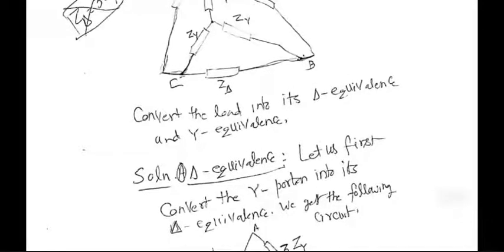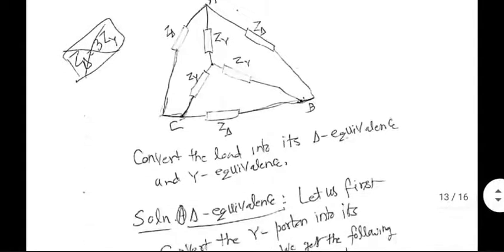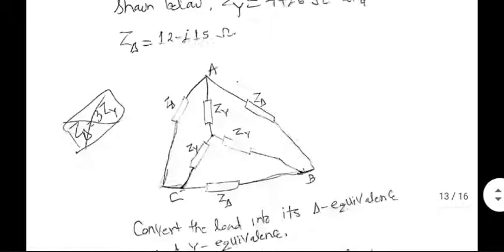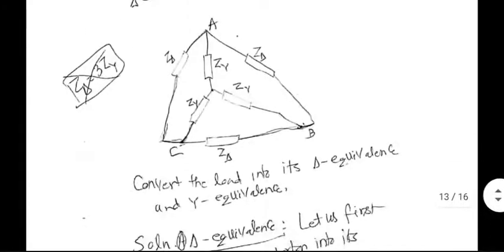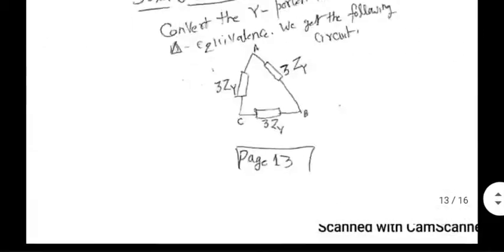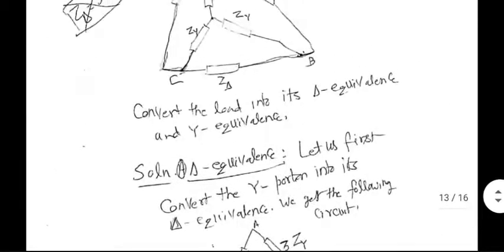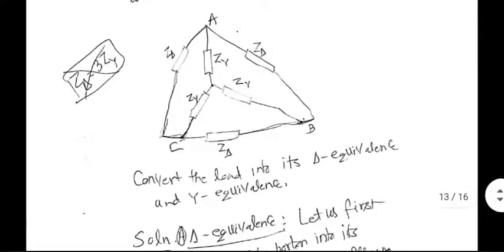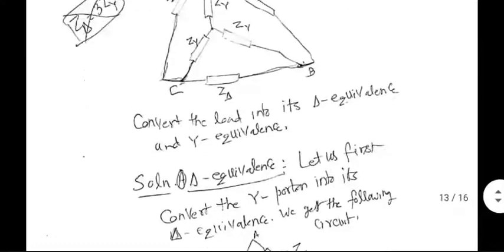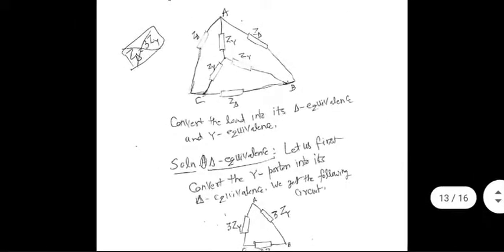If you want delta equivalence, let us first convert the Y portion into its delta equivalence. So it becomes this, only the inner portion, outer portion remains as it is. So the given load, I have not drawn it, but given load will have each branch with Z delta and 3ZY parallel, right? You can try to see it this way.